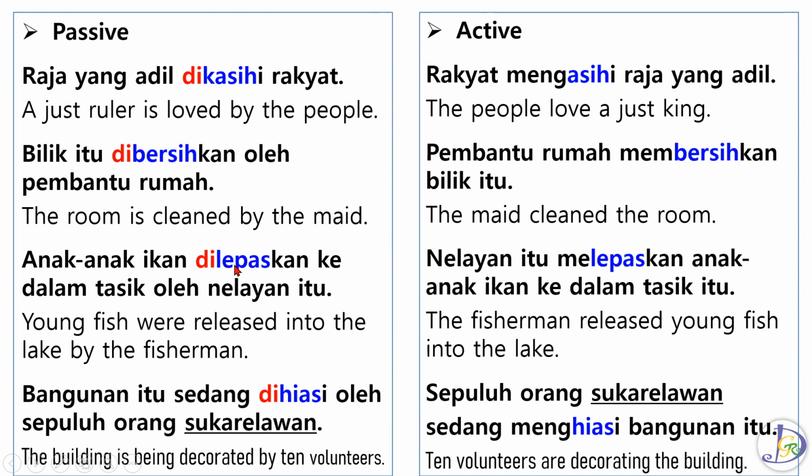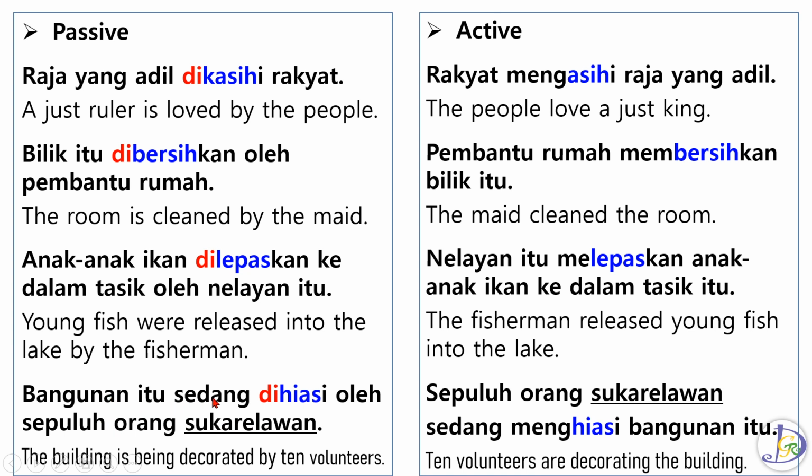Anak-anak ikan dilepaskan ke dalam tasik oleh nelayan itu. Young fish were released into the lake by the fishermen. Nelayan itu melepaskan anak-anak ikan ke dalam tasik itu. The fishermen released young fish into the lake. Bangunan itu sedang dihiasi oleh 10 orang sukarelawan.